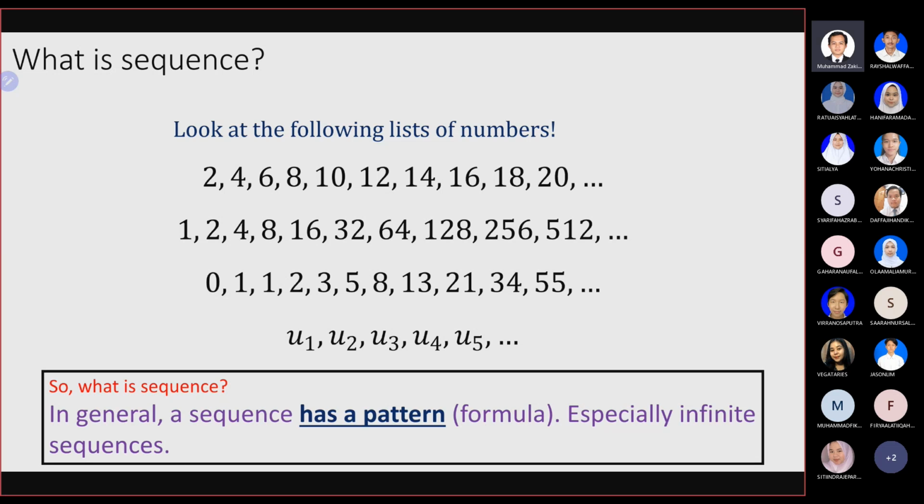So, sequence in general has a pattern, or a formula, especially for infinite sequence. Jadi pada dasarnya barisan itu ada polanya, ada rumusnya, bahasa mudahnya gitu. Terutama barisan-barisan yang tak berhingga. Maksudnya apa barisan tak berhingga?